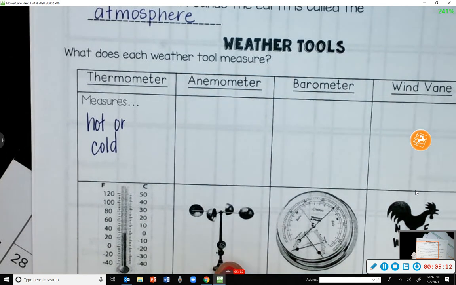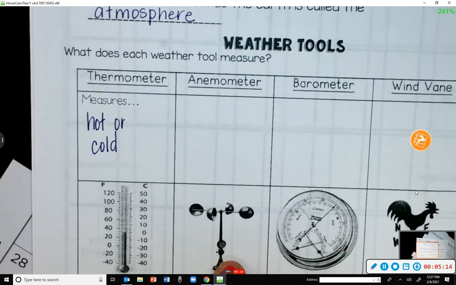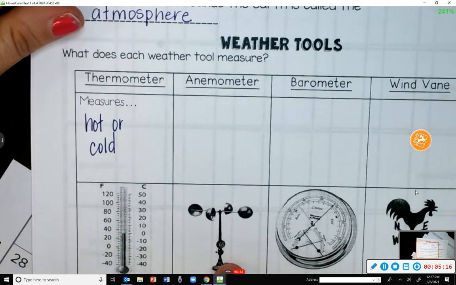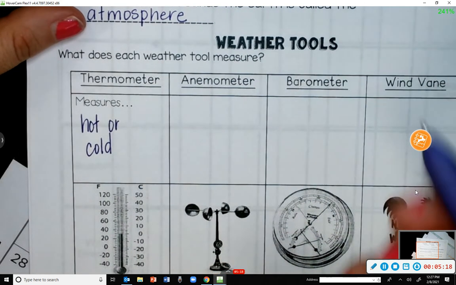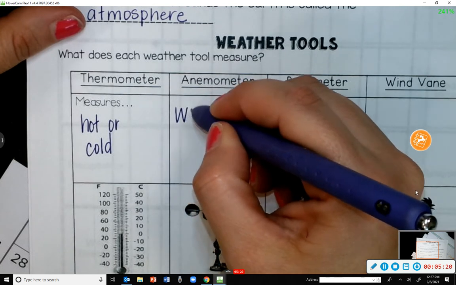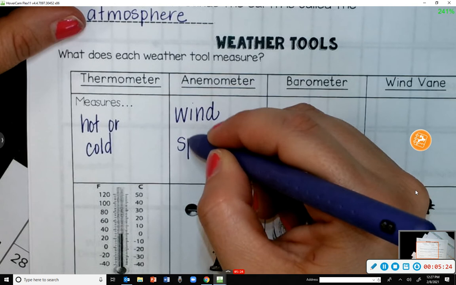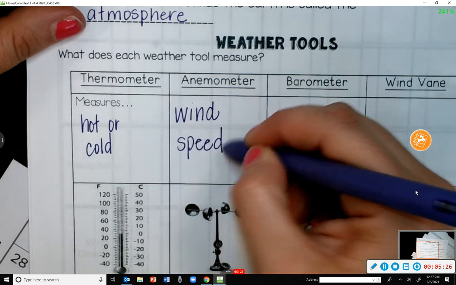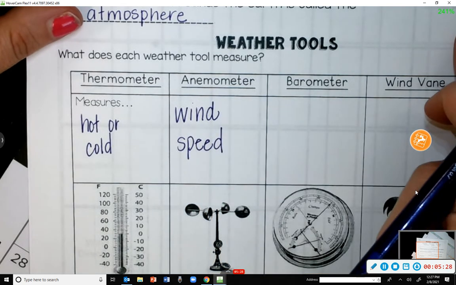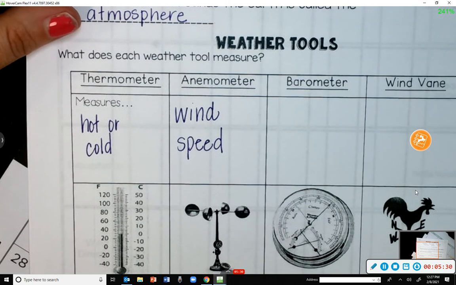It looks like this. This actually measures the wind speed. Wind speed.